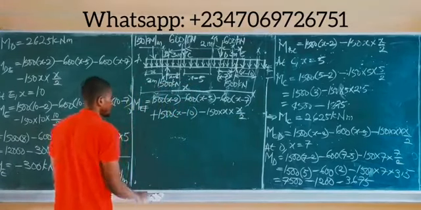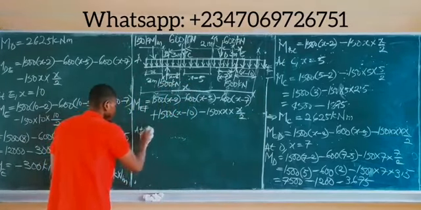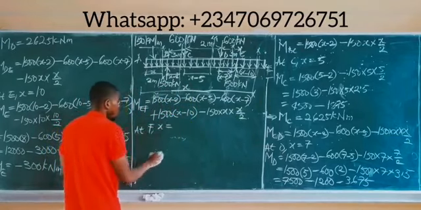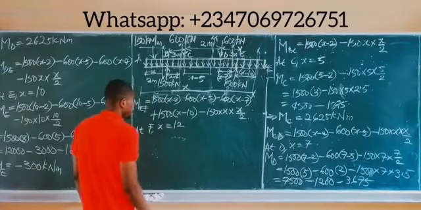Now at F, x is equal to 12, which is the entire length of the beam.